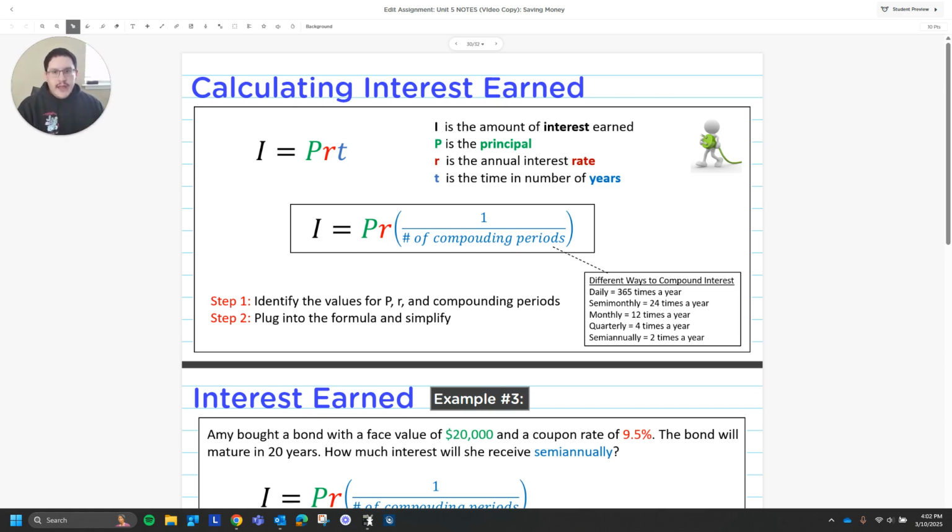So the investor lends the money to the issuer for a set period of time. The issuer, the person that takes out that bond, will then have to pay interest to the person that invested that money for them. Okay? The issuer pays interest to the investor at regular intervals.